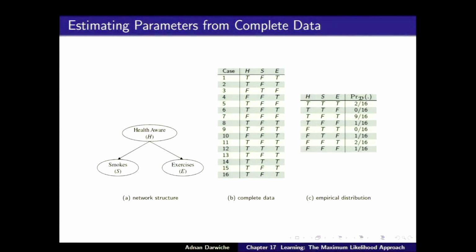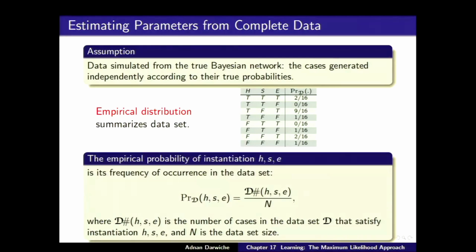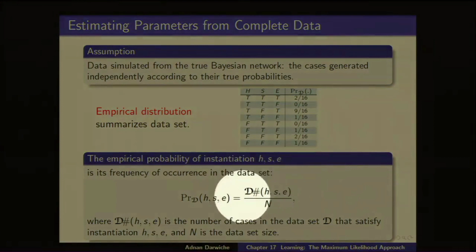The technique for estimating parameters in this particular case, when your data is complete, is going to be very simple. You can come to it from different angles. I'm going to get to it from the most direct angle, which is to estimate parameters based on the empirical distribution. You'll see it's computationally easy to get these estimates, and we're going to spend most of the time talking about their properties. Tightening our notation a little bit more, when we start writing formulas, we're going to use this notation here. D is the data set, and D sharp is a count.